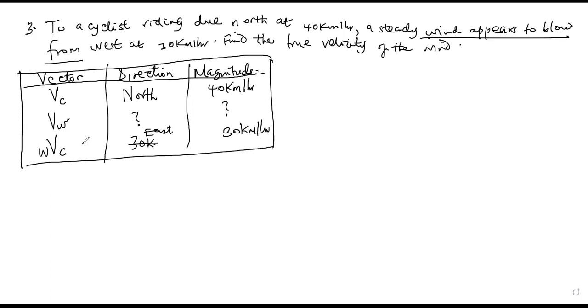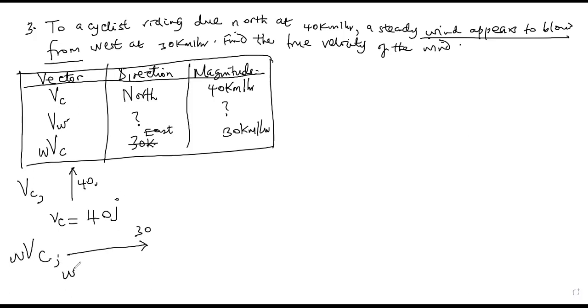We can do simple sketches, or from here, we can just see. So from the table, velocity of a cyclist, we are saying that is due north. So it means that velocity of a cyclist is 40 J. And the velocity of wind relative to cyclist is going east at 30.